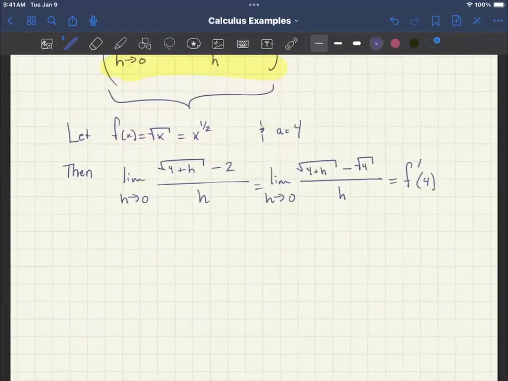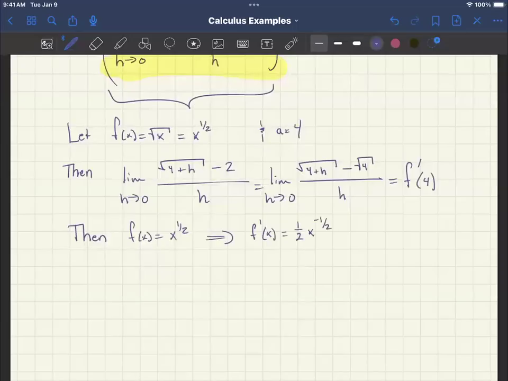So given the fact that we have our function is equal to square root of x, or x to the 1/2, we can actually use what we know about working with powers. So our derivative of x is going to be bringing our power down, subtracting 1 to get our new power.